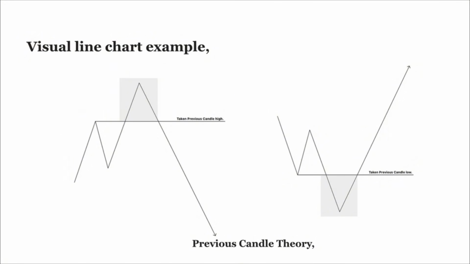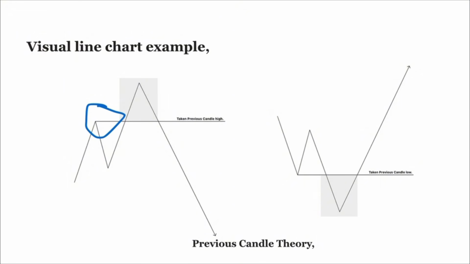So let's see the visual line chart example. If you see the left picture, you can see a high gets manipulated, which is the previous candle high.